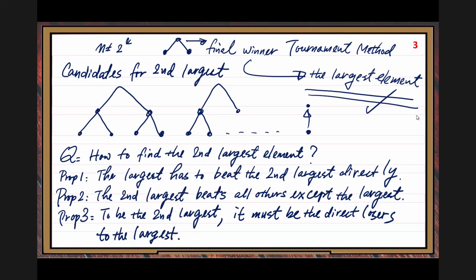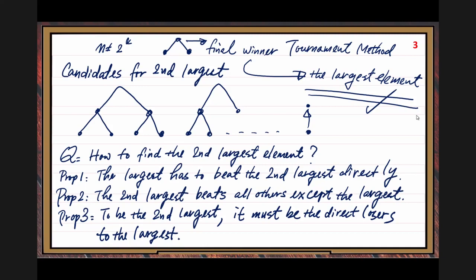Because think about it. Each round, the largest beats one of the players, right? Each round, moving to the top. Each round, the one that is beaten by the largest could be the candidate. If some player is not beaten by the largest directly, that player is not even qualified for the second largest because it would be beaten by some other player.